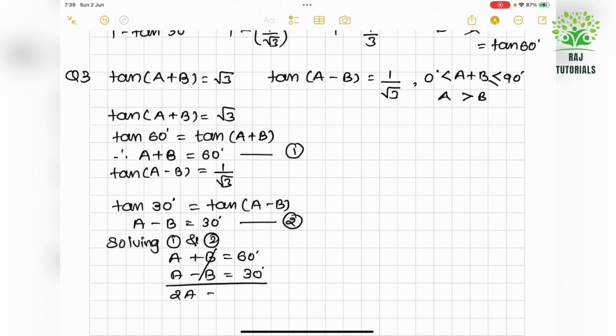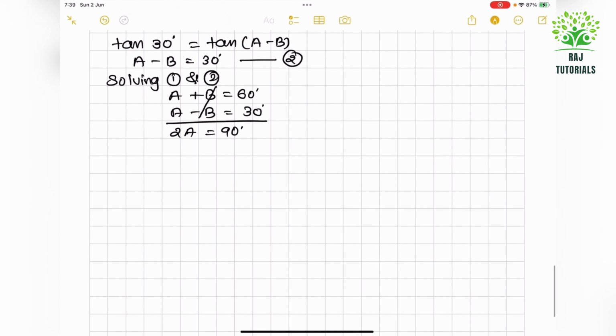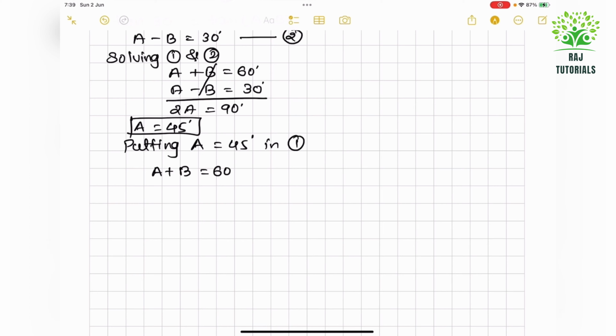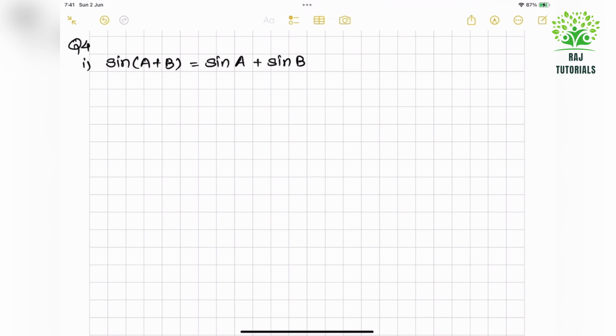If I add them, 2a equal to 90. So a I will get as 45. Putting a equal to 45 in 1, a plus b equal to 60 degrees, it implies 45 plus b equal to 60. So therefore b will be 15 degree.